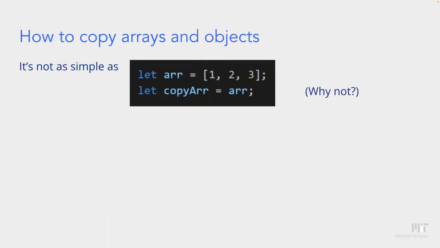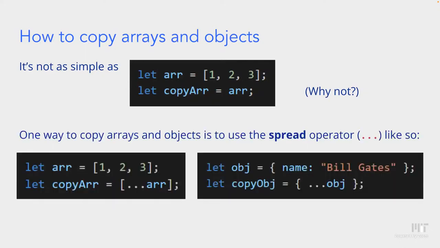Okay, so now how do we copy arrays if we can't say array equals the other array? Well, we can use the spread operator. The spread operator basically just copies everything into the new array.